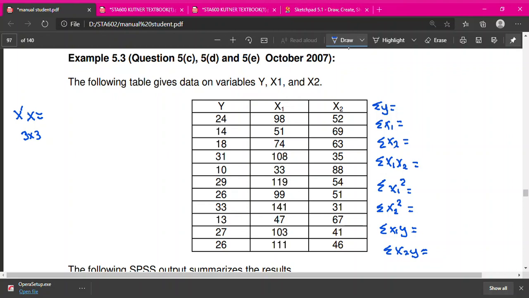You will need all this value of summation. So let's find all this value of summation according to this data here.